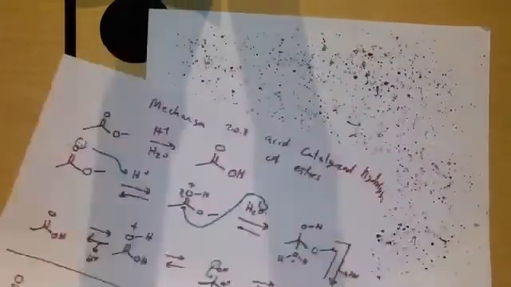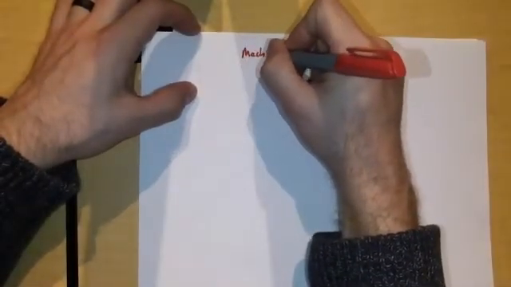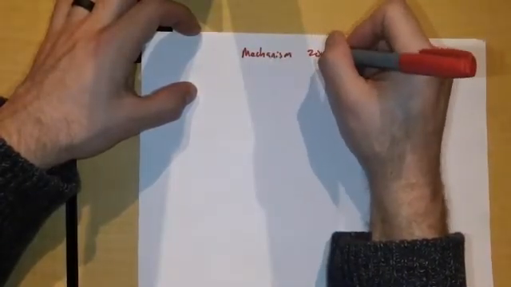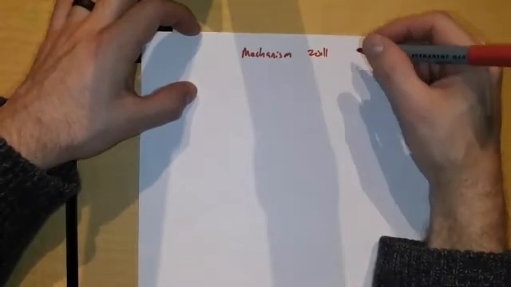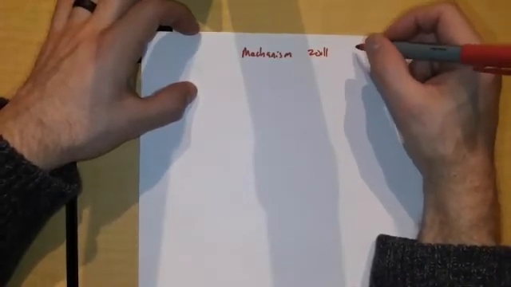All right, so an amide is going to work somewhat similar in one direction, but not so much in the other. We can do a very similar thing to what we just did. This is mechanism 20.11, the acid catalyzed hydrolysis of an amide instead of an ester.